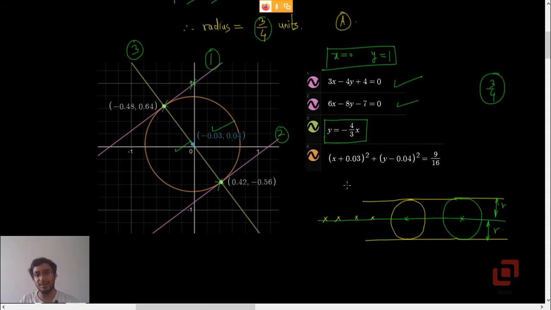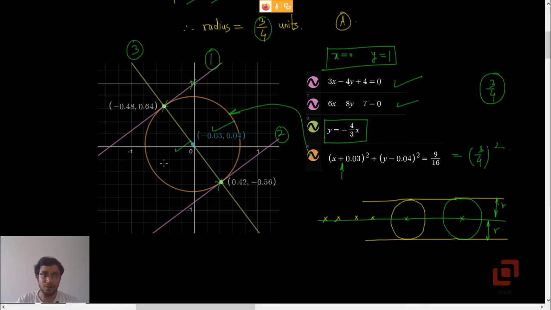So then I used the center-radius form to construct the orange circle. Okay, x minus h, in this case negative 0.03, so plus 0.03 squared, plus y minus k, which is 0.04, equal to the square of the radius of the circle.